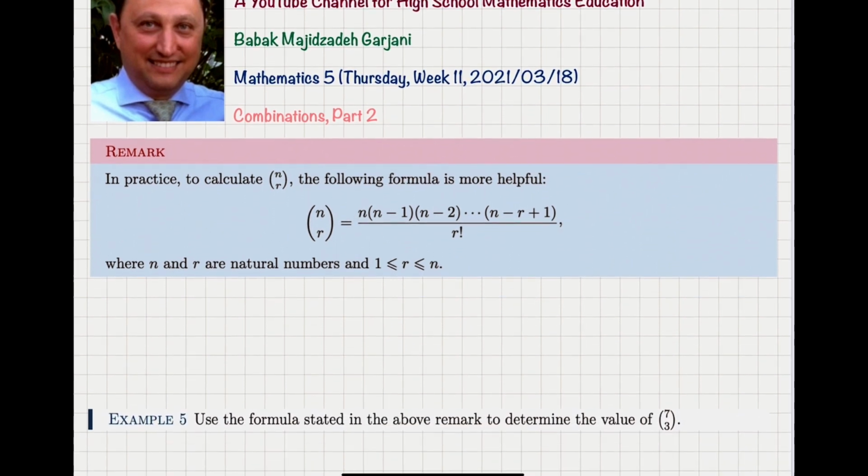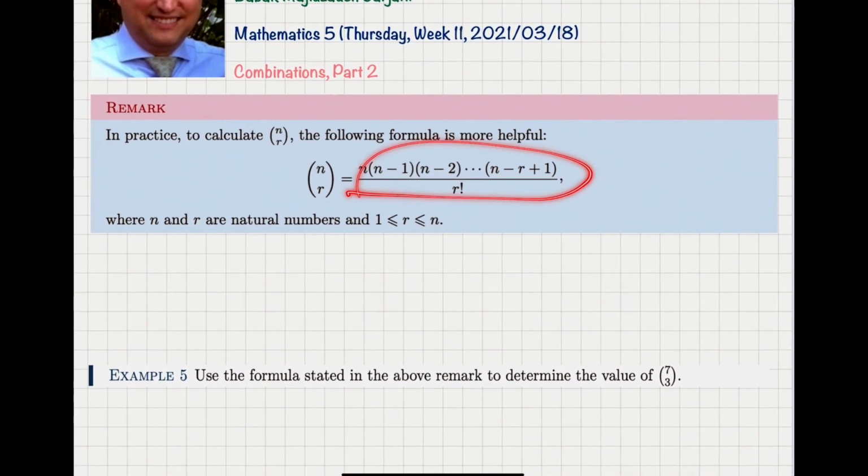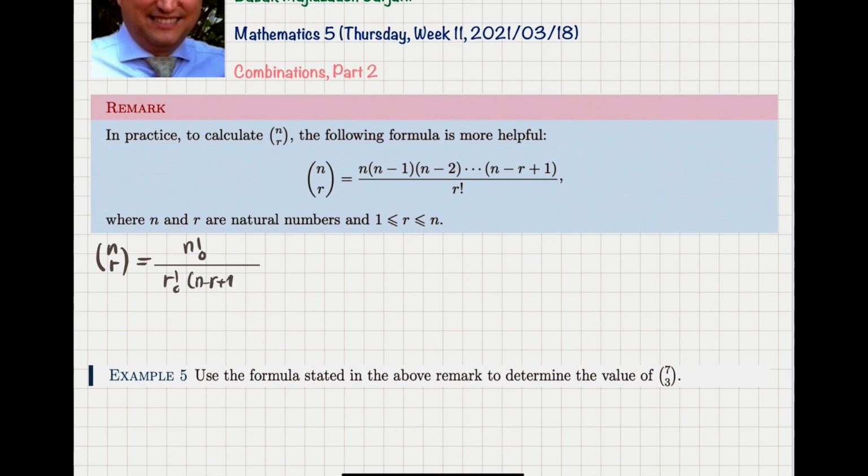First, let me convince you that this formula is also working correctly for n choose r. So what should I do? I would say that n choose r, we have the formula, it's n factorial divided by r factorial and then n minus r plus 1 factorial. So what we do, we expand the numerator.